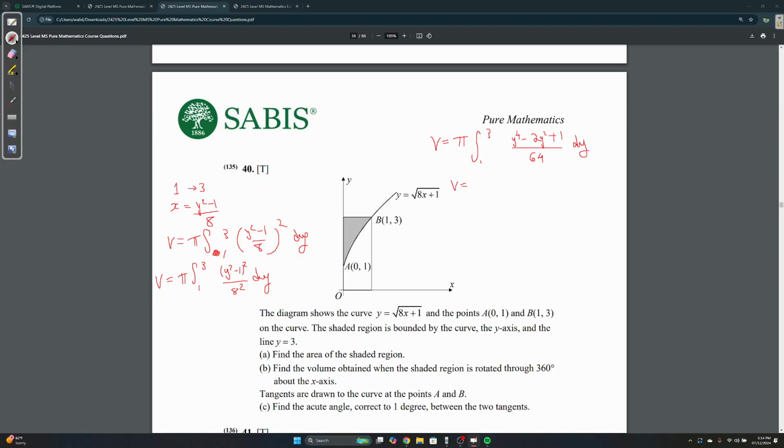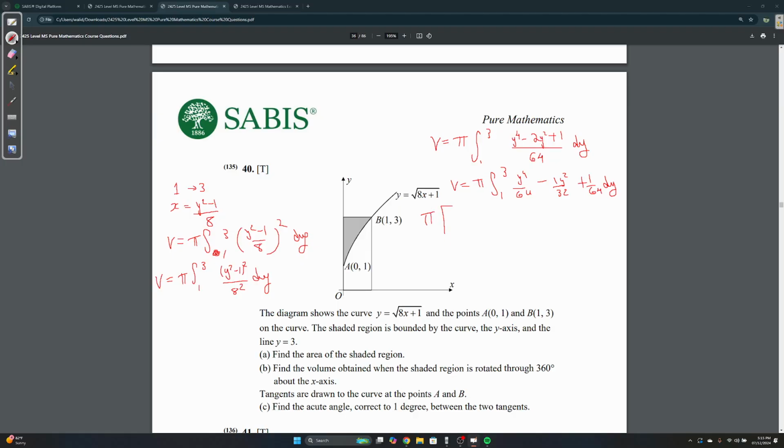Integrate. So you're going to get volume is equal to, this over 64 is for everything, so we need to split it up. From 1 to 3, y to the 4 over 64 minus 2y squared over 64, which we can just rewrite as 1 over 32. Simplify up and down, divide by 2. Plus 1 over 64 dy. Let's start.